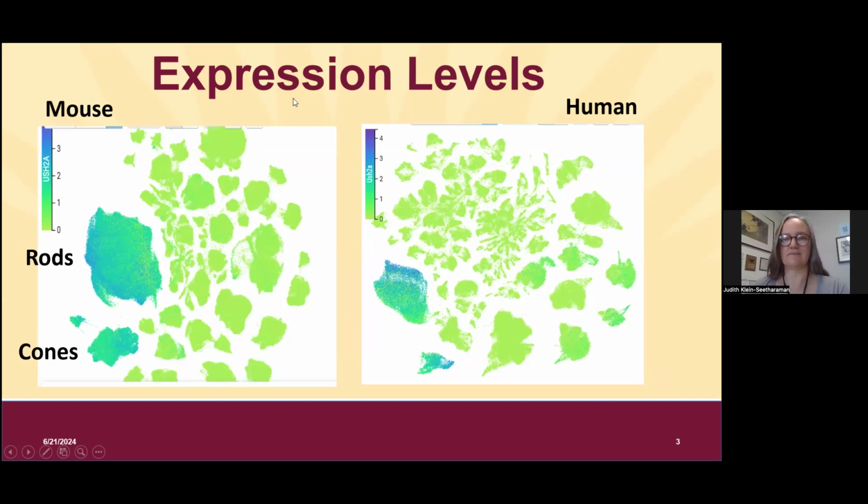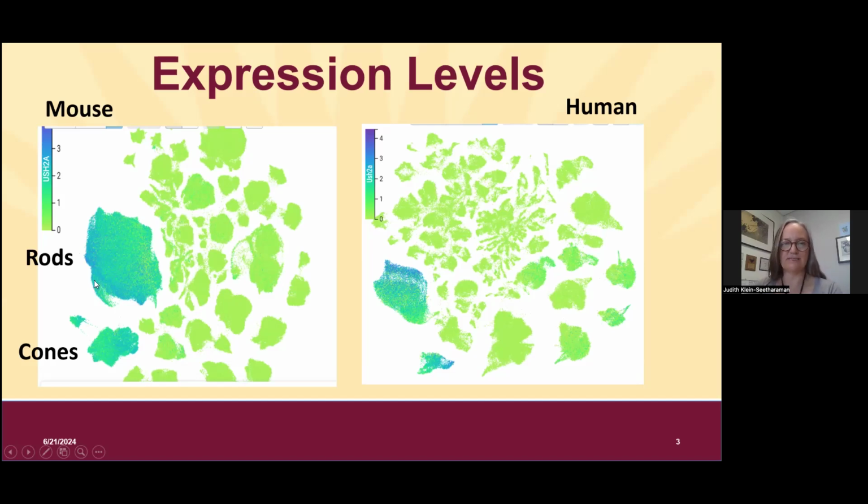The second piece of information I'd like to present you with is actually the expression levels of this gene. So what you can see here on the left-hand side is the expression of the USH2A gene in the mouse and on the right-hand side in human.